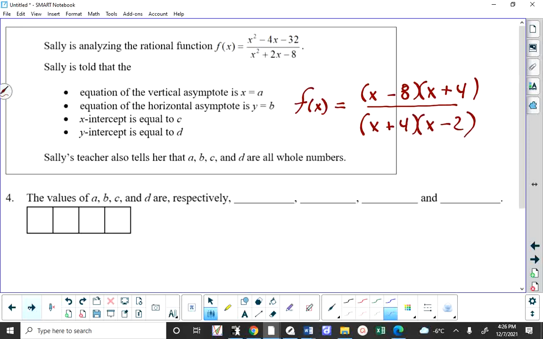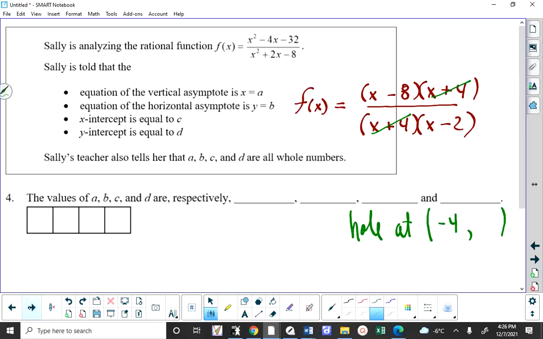I was just going on autopilot there. Negative 8 times 4 is negative 32, and negative 8 plus 4 is negative 4. The top is factored correctly. 4 times negative 2 is negative 8, and 4 plus negative 2 is positive 2, also factored correctly. What we see is that the x plus 4's cancel, which means we have a hole at the 0 of that factor.